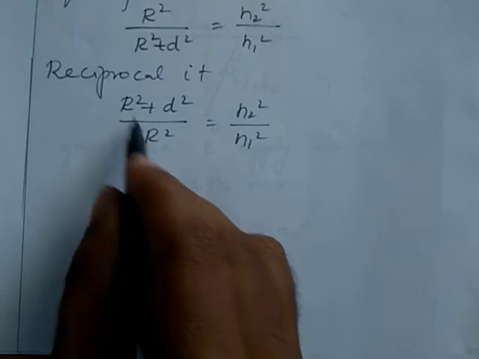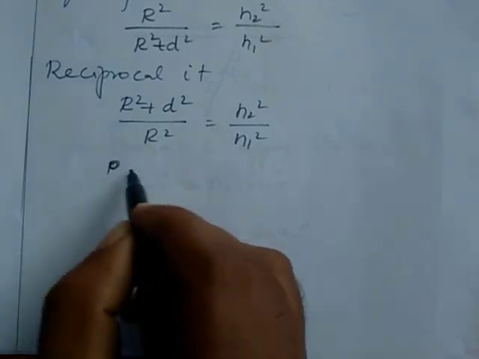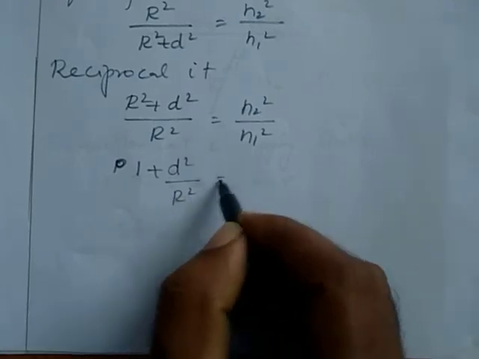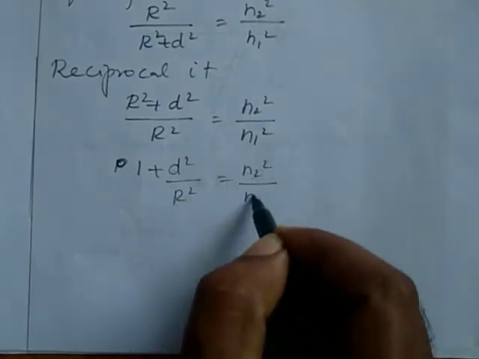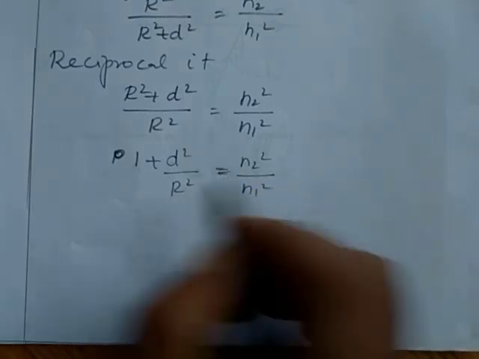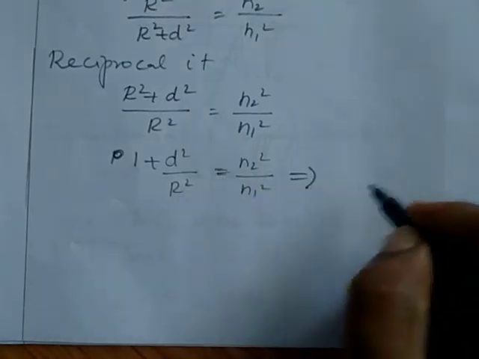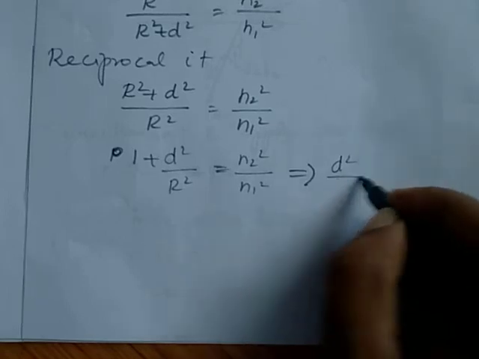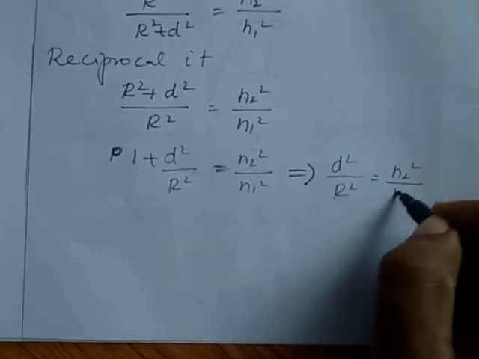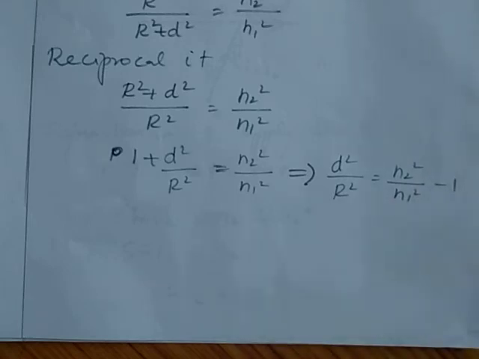On solving this, R is going to cancel. Then we get 1 plus D square by R square is equal to n2 square by n1 square. Taking 1 to the right side, we get D square by R square is equal to n2 square by n1 square minus 1.